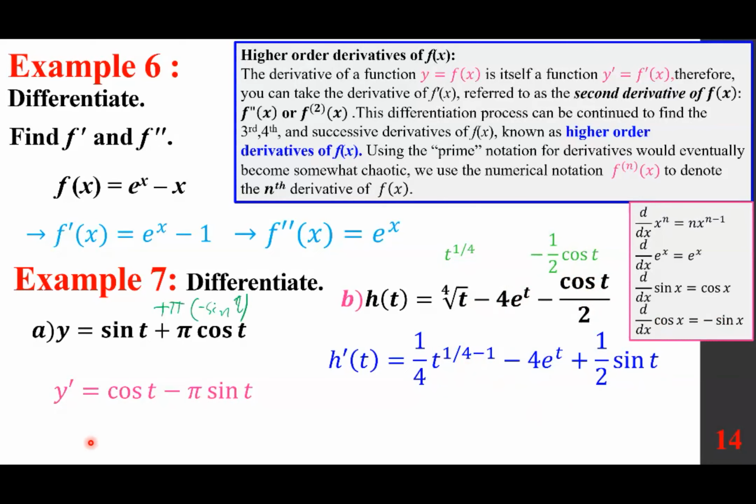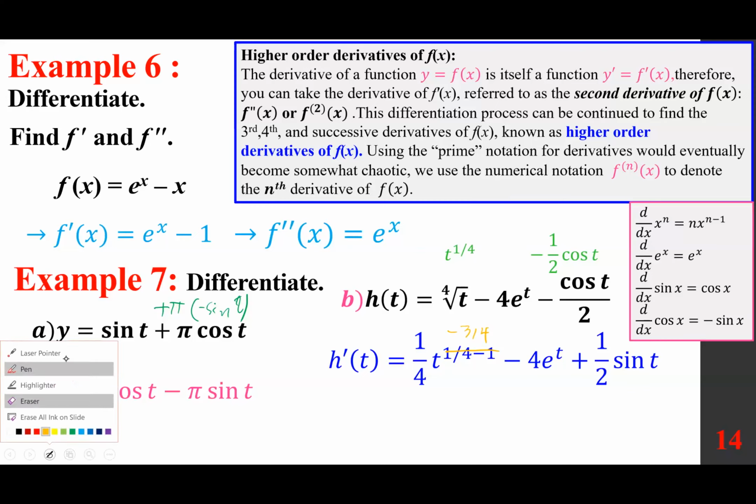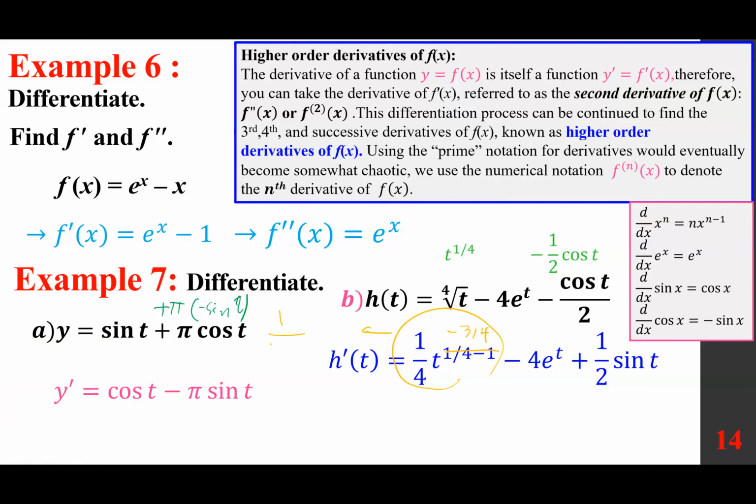This one is negative 3/4, so it goes down. Maybe I write this. This we can rewrite as 1/4 t to the power of positive 3/4.